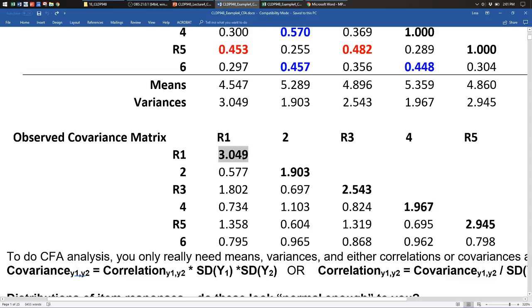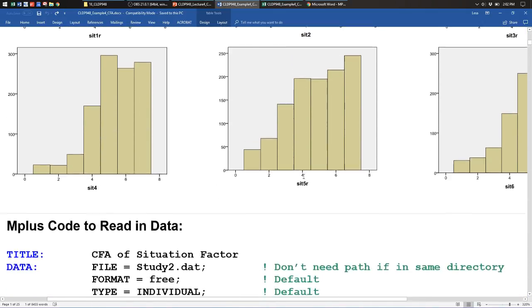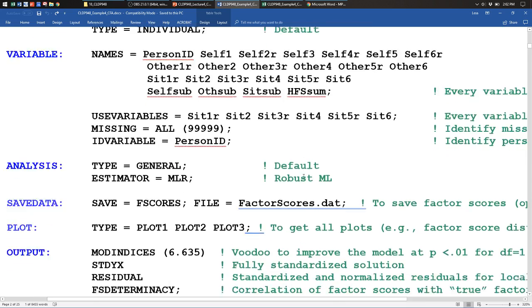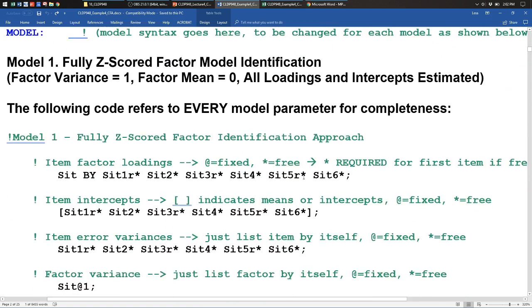And item 1 has a variance of 3.0, whereas item 2 has a variance of 1.9. So the unstandardized loadings are going to be different simply because of that, regardless of how related those items are to the trait. That's why we need the standardized solution to figure out which items are relatively better than each other after correcting for differences in their variance or their scale.